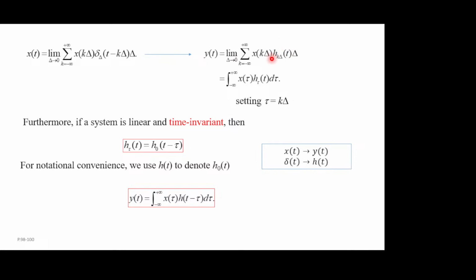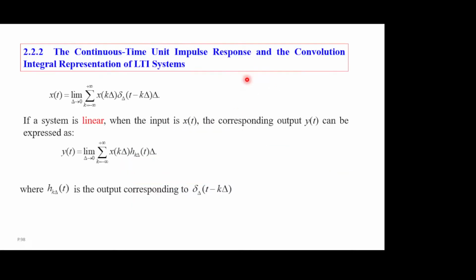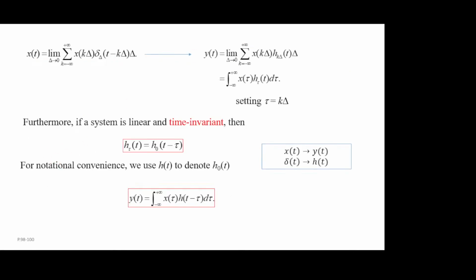So k delta becomes tau, and we have h of t. So tau equals k triangle, and the summation becomes an integral.